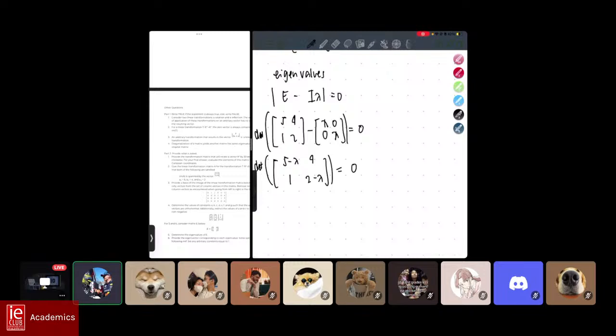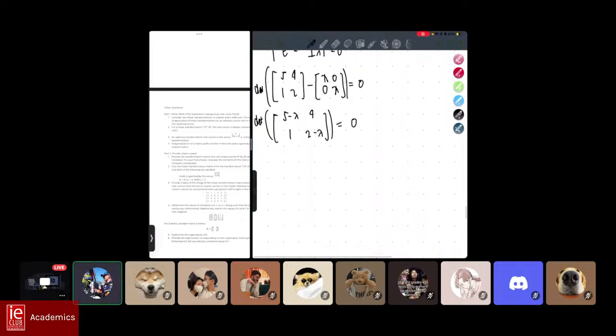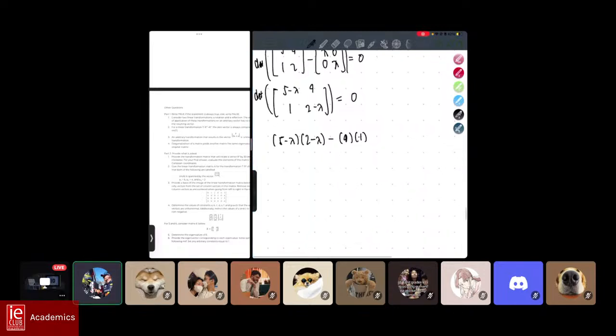So let's just get the determinant of this, and that can be done by, since 2 by 2 siya, diagonal method na lang since it's the easiest. 5 minus lambda times 2 minus lambda minus 4 times 1. Alright. So then that gives us 10 minus 7 lambda plus lambda squared minus 4 equals 0.